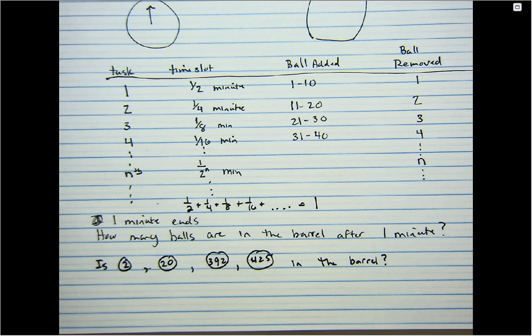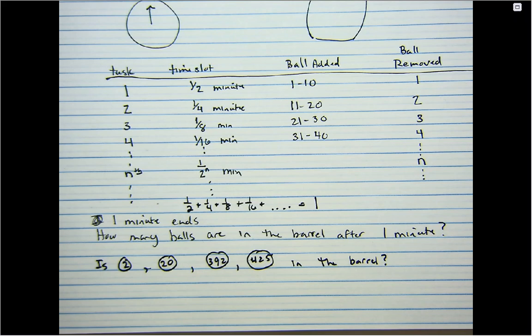Oh, it's still in the barrel? So we didn't get it out. Do you think that's the 425th ball in the barrel? Well, let's see. Okay, the infinite task. Sometimes it's this one, sometimes it's this one.